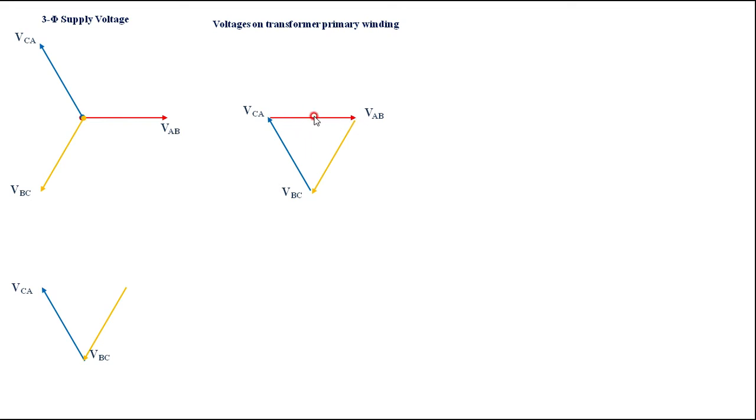Then this VAB is divided into VAD and VBD, and at this center point we have VCD, the voltage across the primary of the teaser winding. At the same time, if you are connecting a lagging load, where the angle of lag is phi, it is 30 plus phi here, and here we have 30 minus phi. The values of the currents IA, IB and IC we are getting.